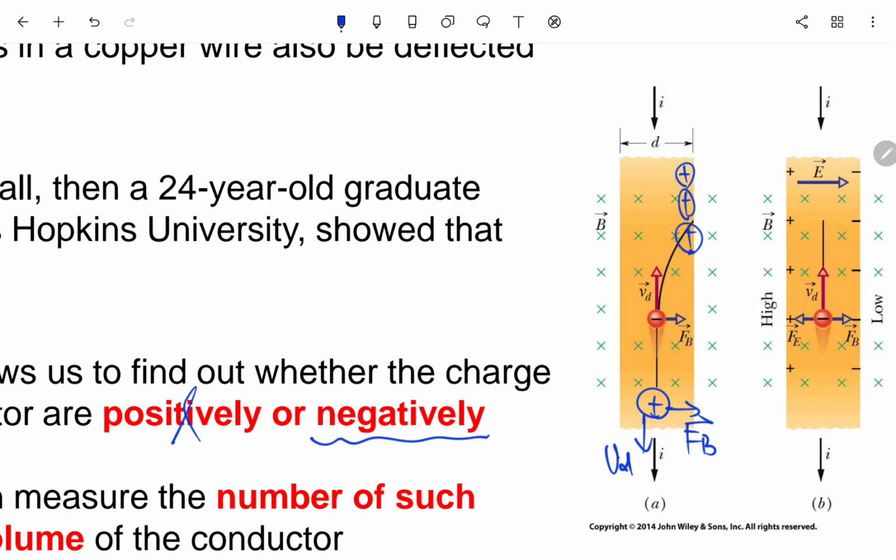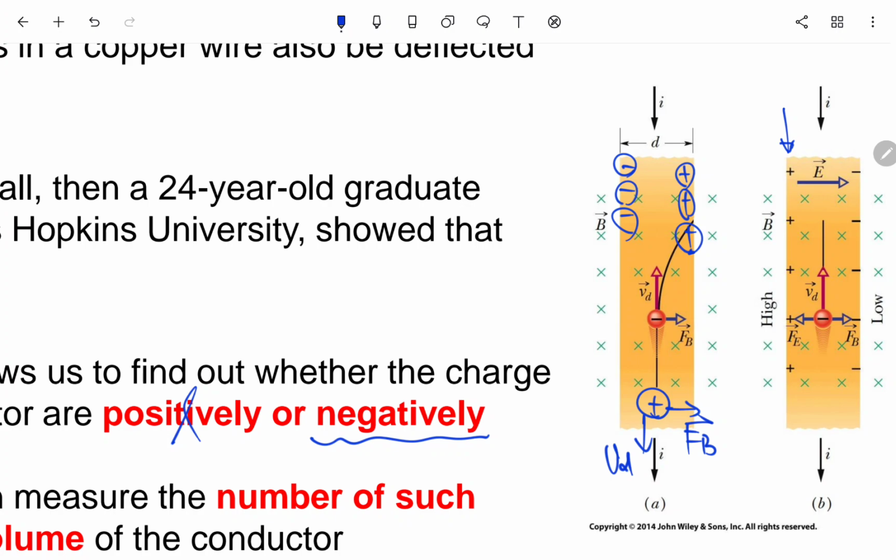But this contradicts with the measurement. During the measurement, we can really confirm that this side has a higher potential. But if the moving charge is positive, it will lead to positive charge accumulating on the right side, and negative charge accumulating on the left side.